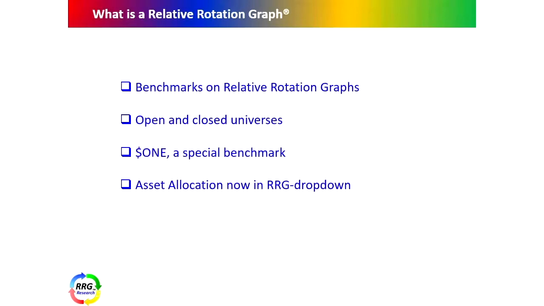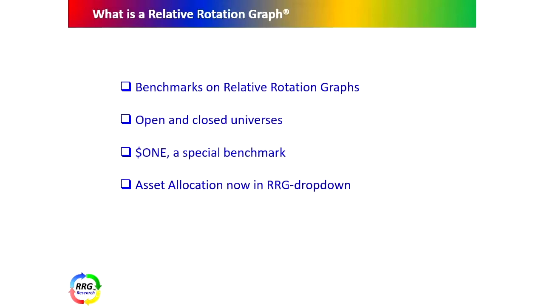What I want to talk to you about today is, as I said, benchmarks, because we can play games with benchmarks, and they can significantly change the way an RRG looks. Combined with that, I want to say a quick word on open and closed universes. I'll pinpoint $1 as a special benchmark.